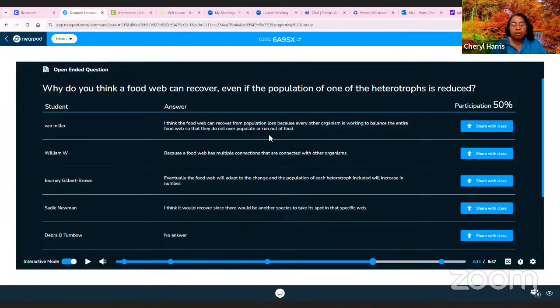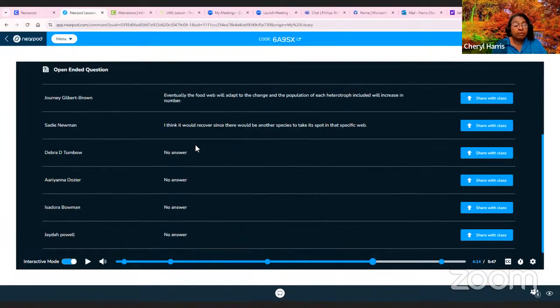Okay, that's good, right, because a food web has multiple connections. Eventually it will adjust to a change in the population. Okay, that's not exactly the answer to the question, but that's a true fact. I think it will recover since it would have another species to take its spot. Okay.